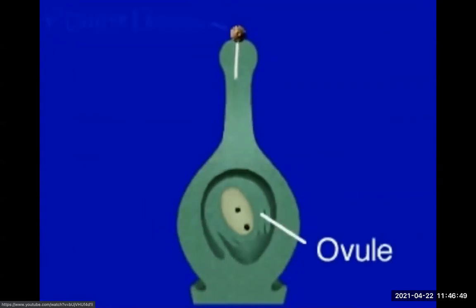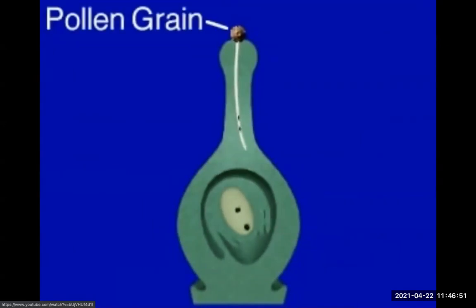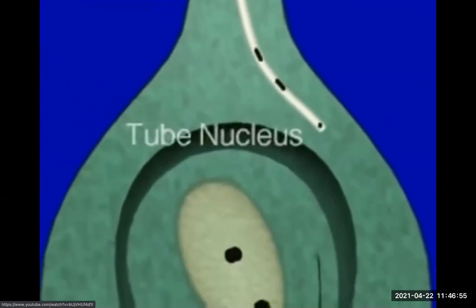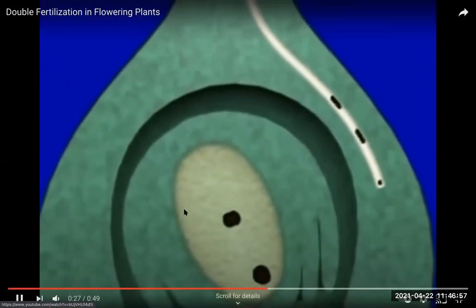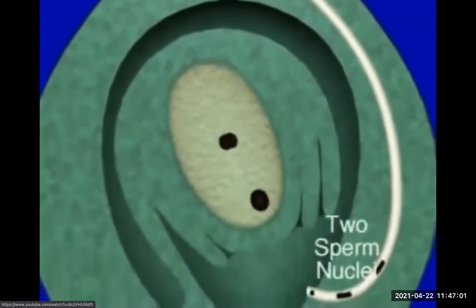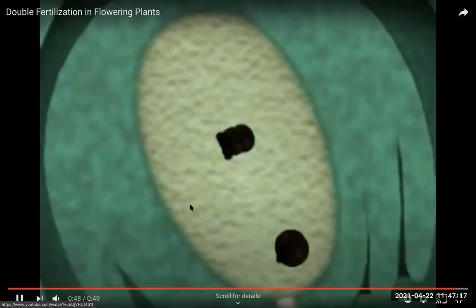The tube cell of the pollen grain elongates to form a pollen tube. The tube nucleus leads the way through the tissue of the style toward the female gametophyte. The two sperm cells travel through the pollen tube and enter the ovule. One sperm fuses with the haploid egg cell to form the zygote. The other sperm unites with the diploid central cell to form a triploid cell that will develop into endosperm.